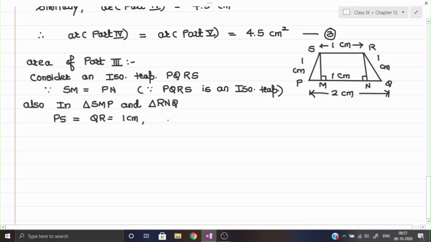That is the one thing. SM and PN are also equal, because SM and RN are equal, because both are perpendicular.